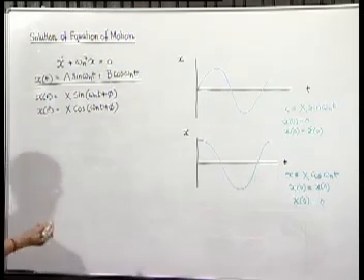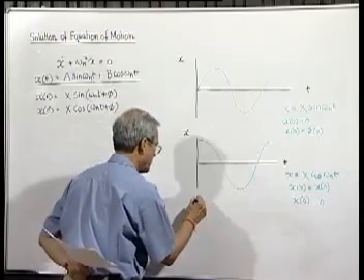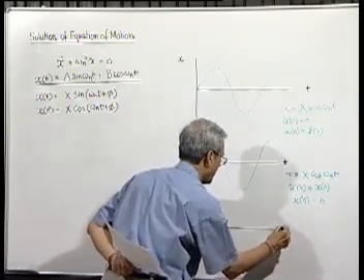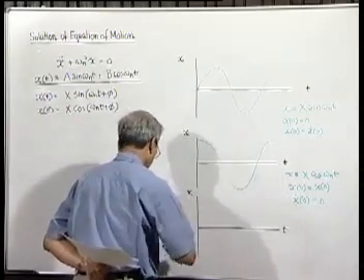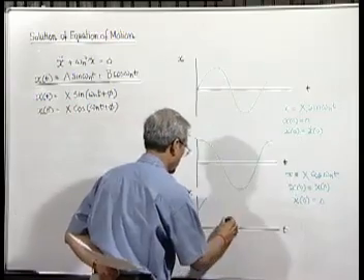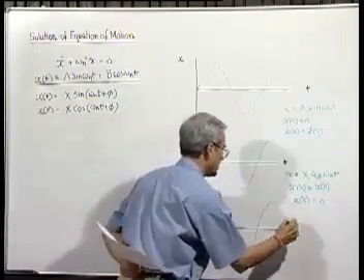And if both are present, that means initially we have given some displacement and velocity both, this is the case.